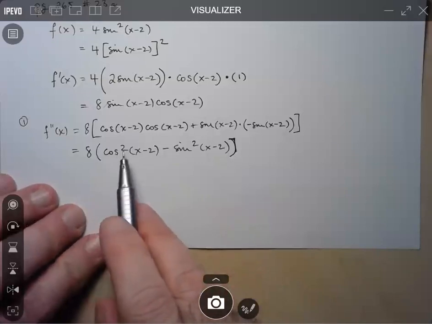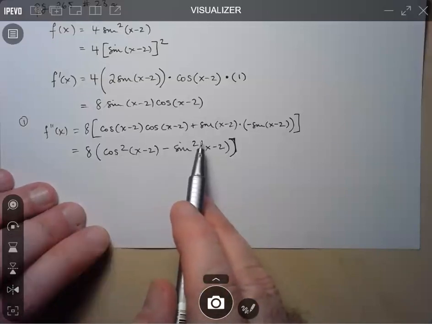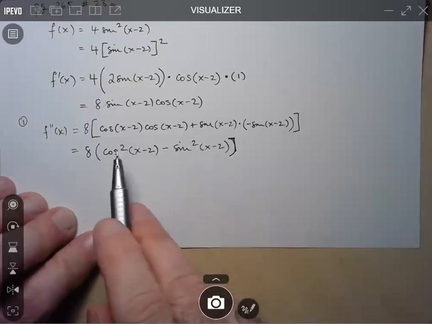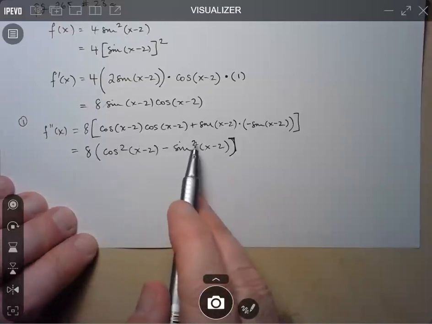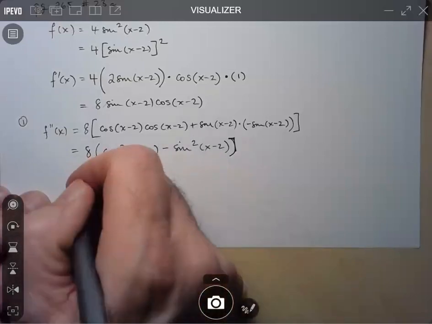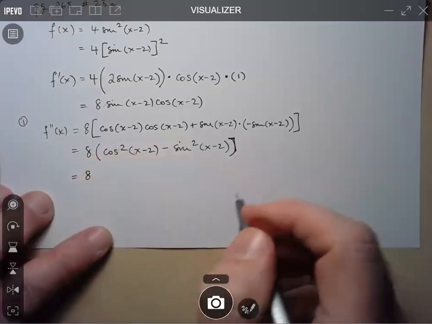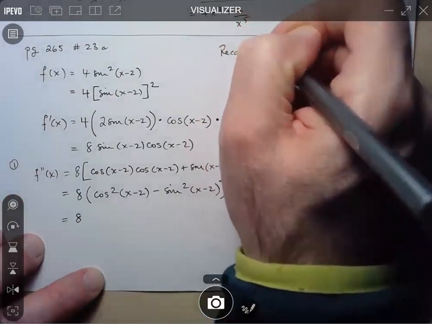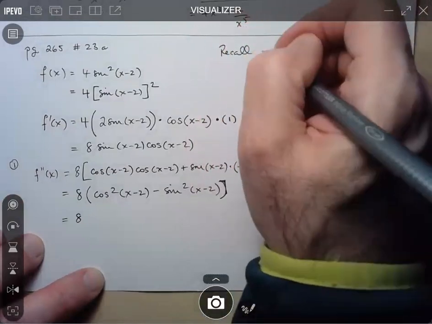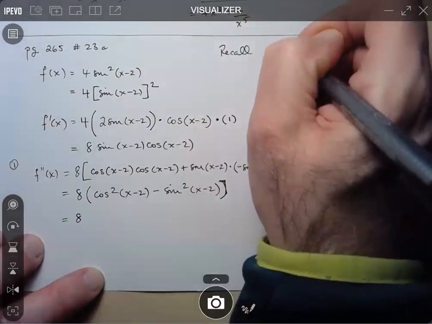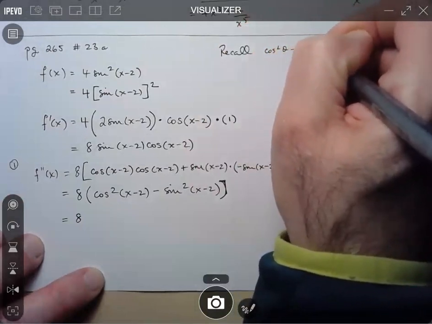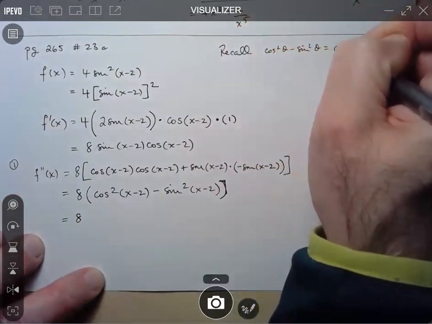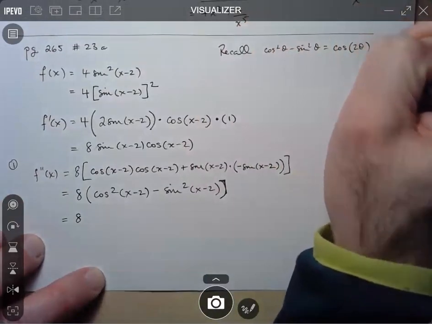We know that cos squared plus sine squared is equal to 1, but you might remember that cos squared minus sine squared is actually equal to, so let's do a little recall, that cos squared theta minus sine squared theta is equal to cos of 2 theta.